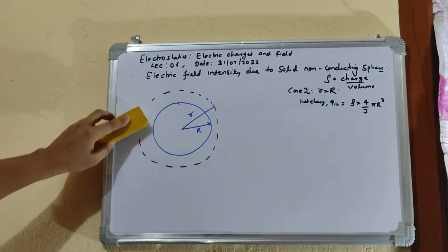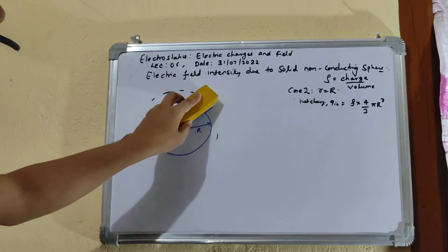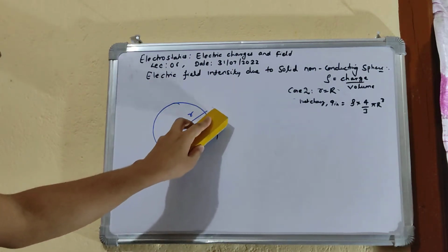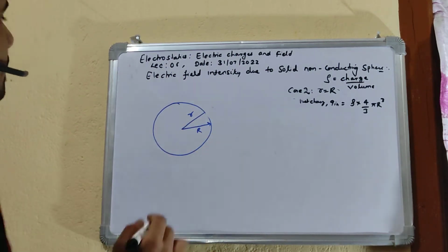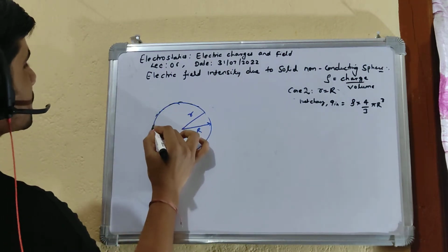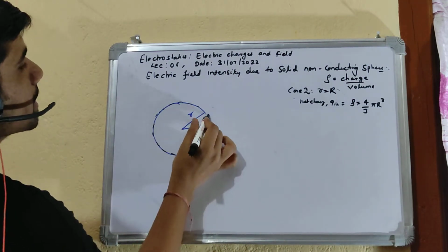And how will my diagram look like now? The Gaussian surface. So this exactly is my Gaussian surface, this circumference, right? This is my Gaussian surface.